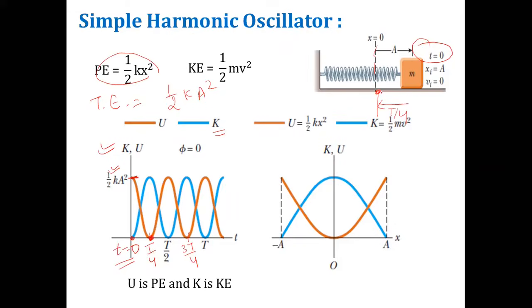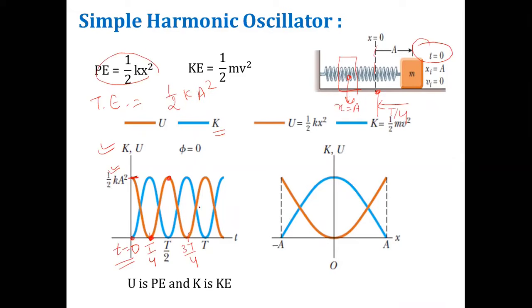Now, what would happen? Your mass will go to the other extreme here. When it goes to the other extreme, again your energy will be totally in the form of potential energy. At this point, your x is equal to a, so your potential energy would be 1 by 2 k a square. Hence at time T by 2, again your total energy is in the form of potential energy.